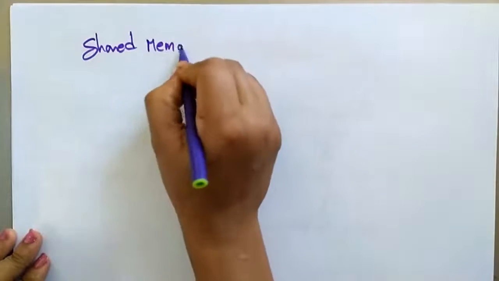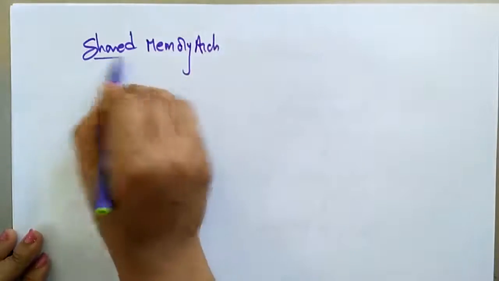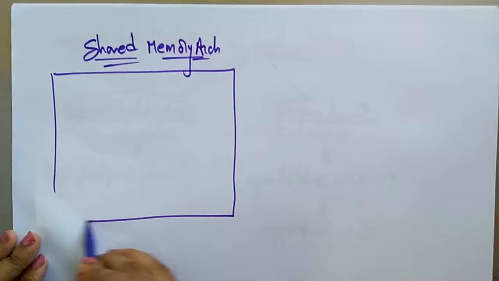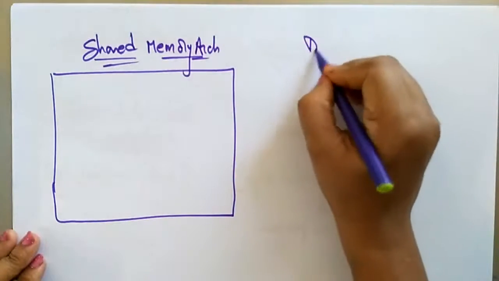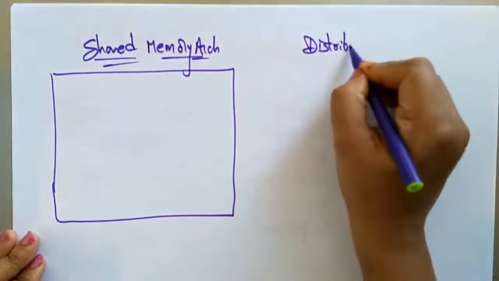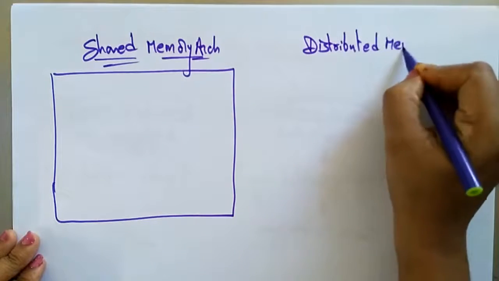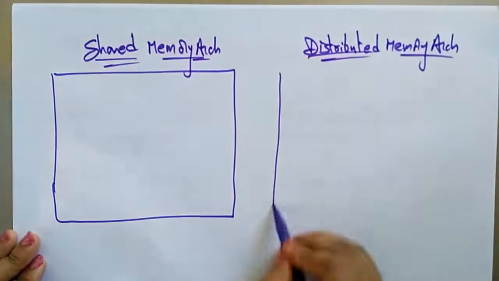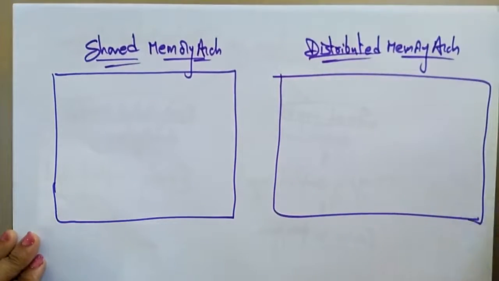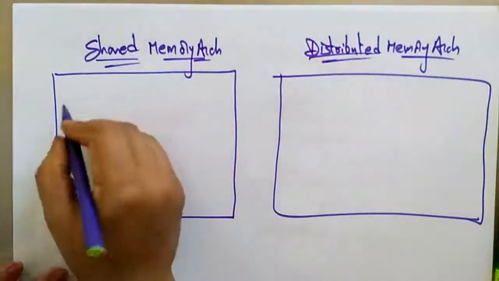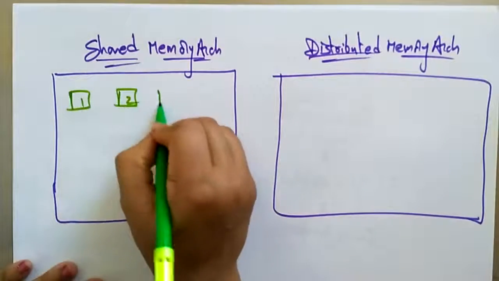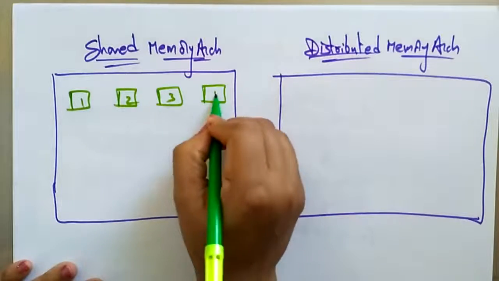Let me take the shared memory architecture, and let me take the distributed memory architecture. If you take shared memory, let me take this as one system, another system, 3, 4 systems.